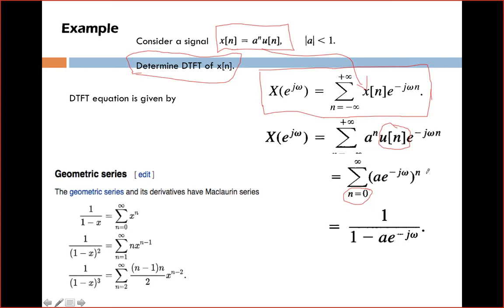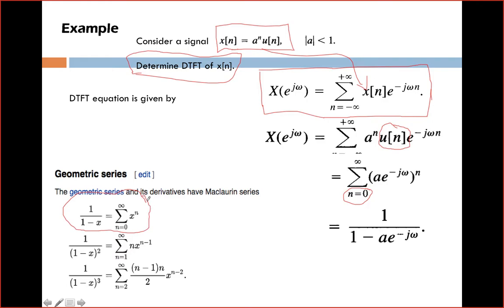It is very important to find the value of X of e power j omega, but computing it term by term for n equals 0 to infinity is not possible because it's an infinite series. Hence we are going to use a standard formula to find the value of X of e power j omega. For that we are going to use the geometric series.